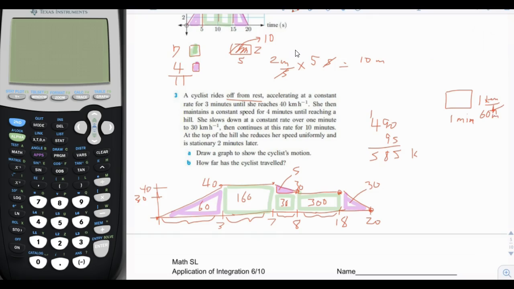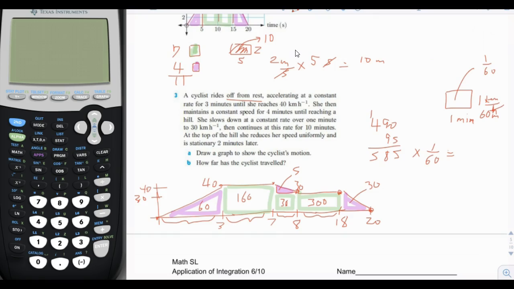So the area of one of these blocks is actually 1 divided by 60. So the area of 585 blocks, you actually have to multiply it times 1 over 60, and that would give us kilometers.